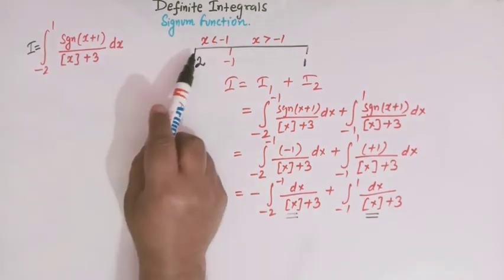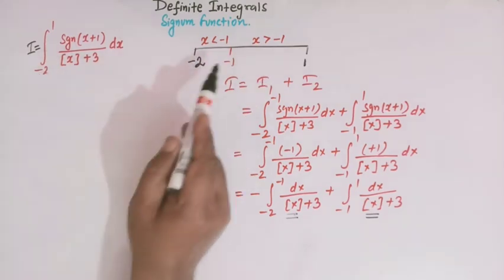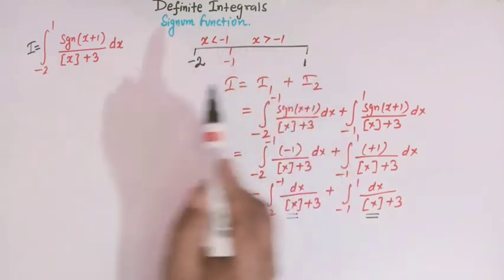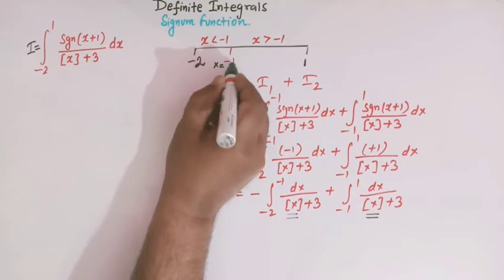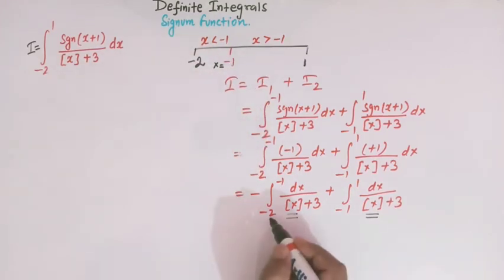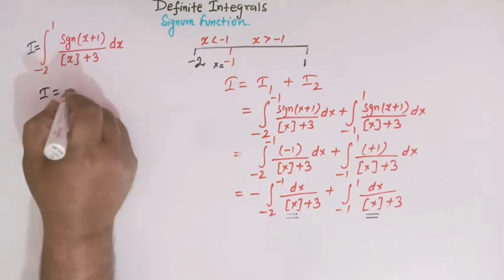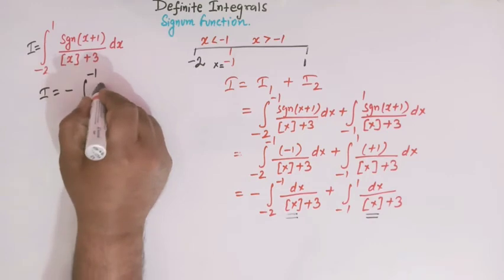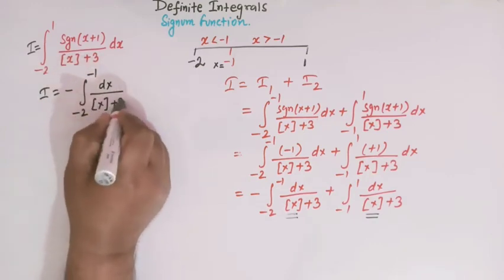So now if we see this number line, we have here shown the lower limit, the upper limit, and the point x is equal to minus 1, right? So here I1 can be written as minus the integral from minus 2 to minus 1 of dx over greatest integer x plus 3.